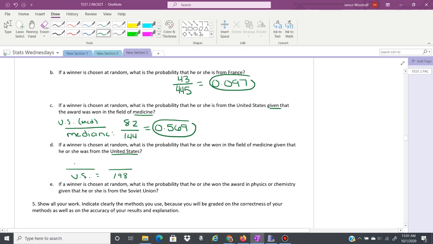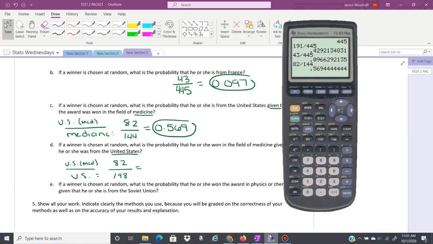Out of that, how many were medicine? Same as the above numerator, 82. So 82 out of 198. 0.414.